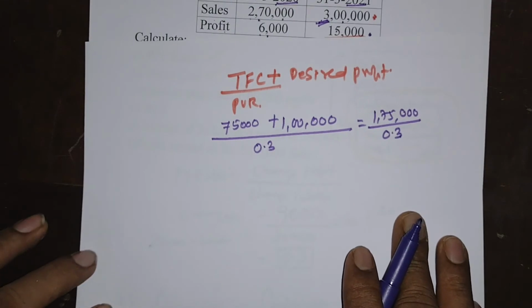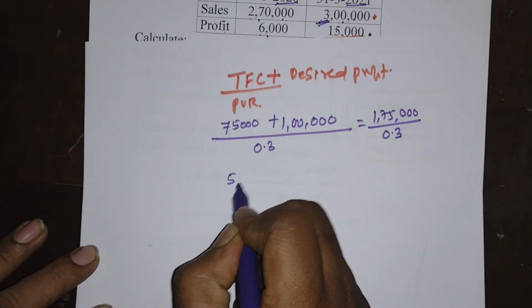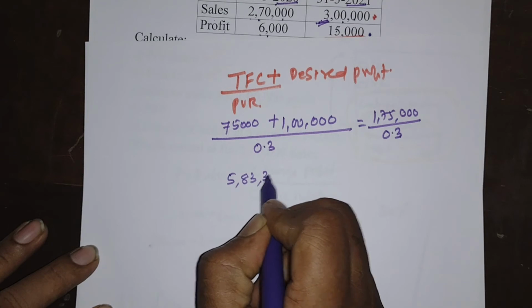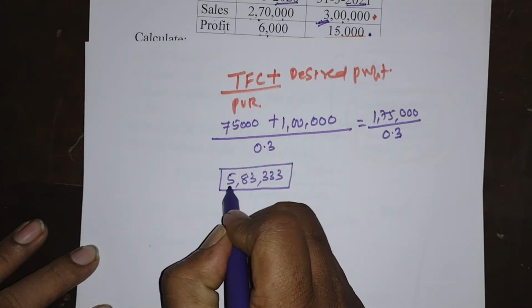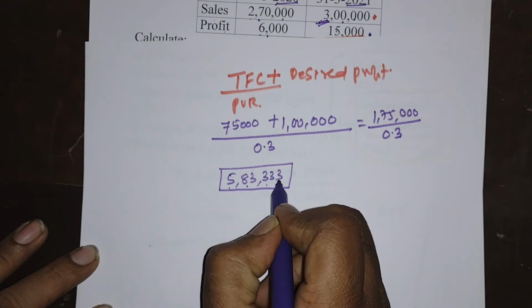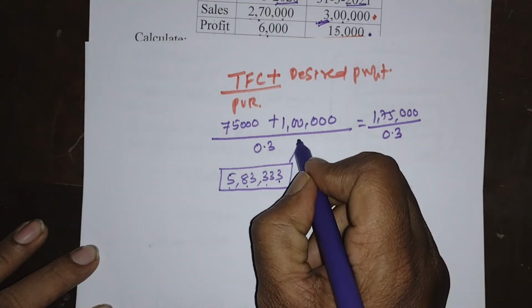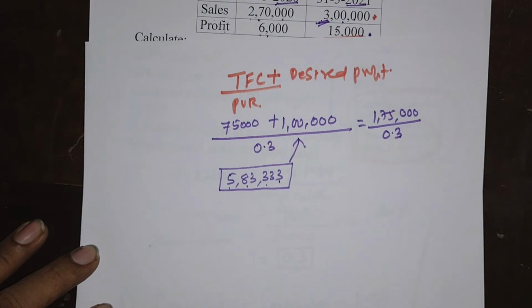So you get 5,83,333. So if I do sales of 5,83,333, I will get a profit of 1 lakh rupees.